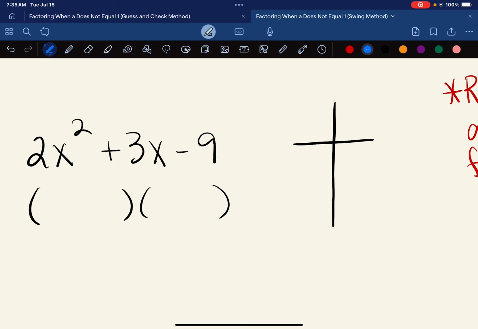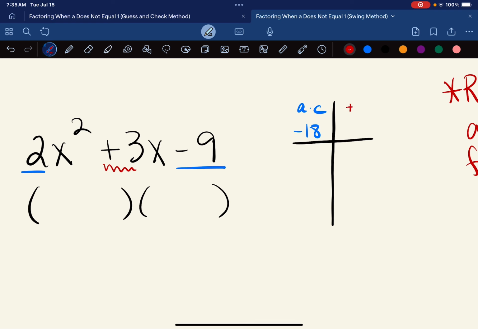So the swing method, the first thing that we're going to do is multiply our a value times our c value, a times c, which in this case gives us a negative 18. And then in the right column, we're going to place our b value. What values add to make b? And our b value is the number 3. So let's list out the factors of negative 18.